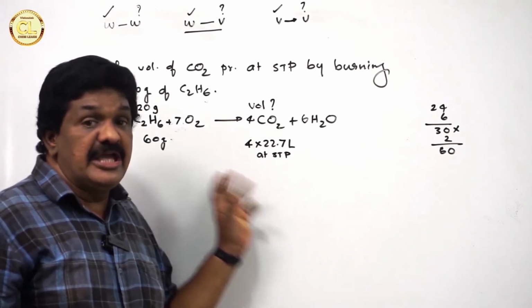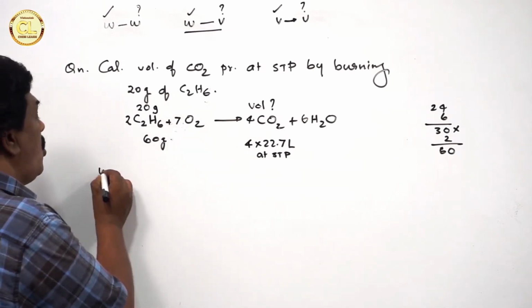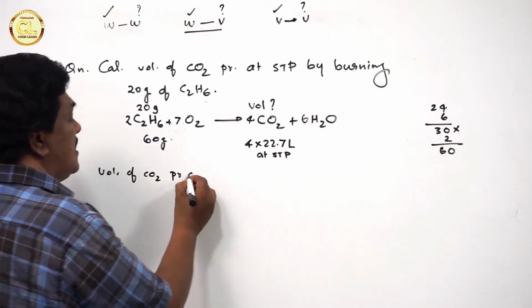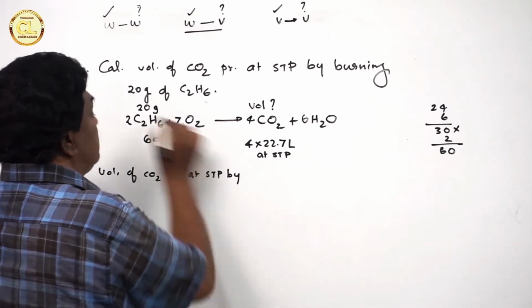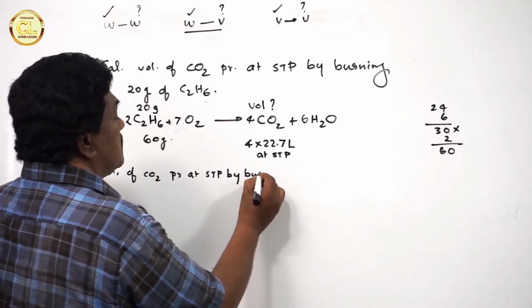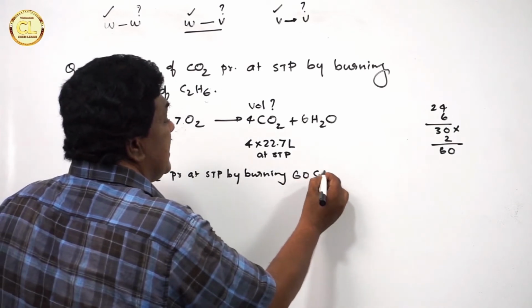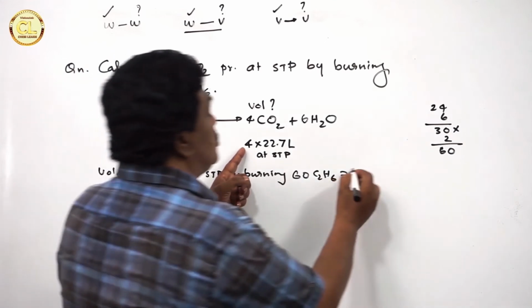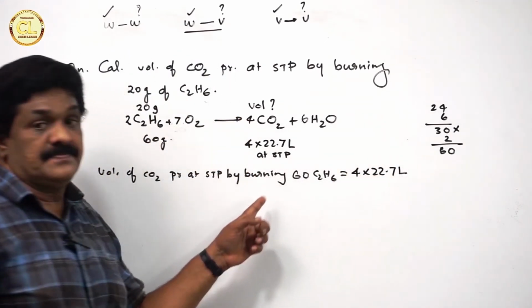Now, we can give the steps. Volume of carbon dioxide produced at STP by burning 60 gram ethane, according to the equation, is equal to 4 into 22.7 liter.